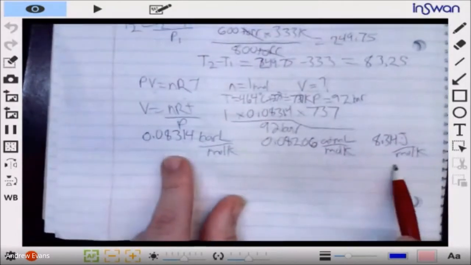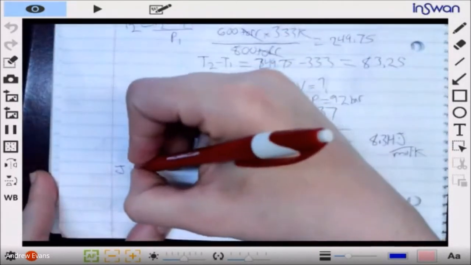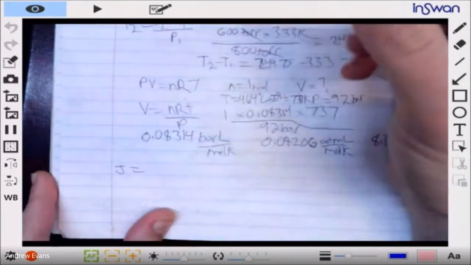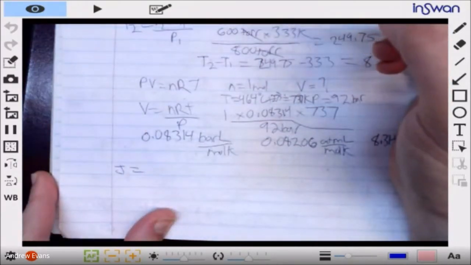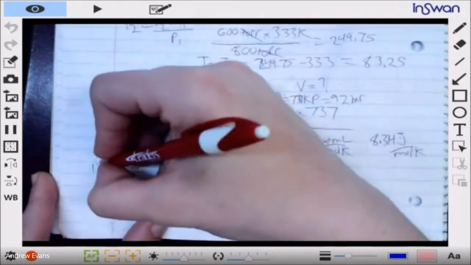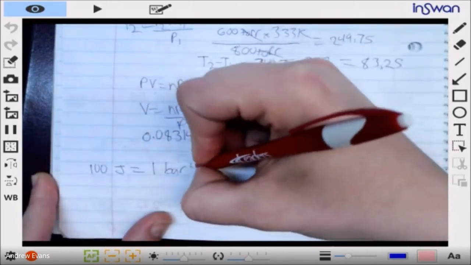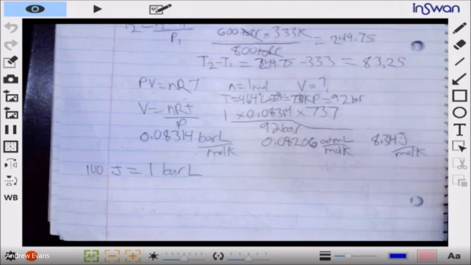It's a rearrangement of this, and a joule is related to the bar liter. Let's say there are 100 joules in 1 bar liter.